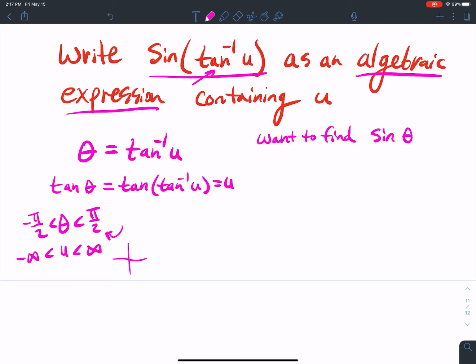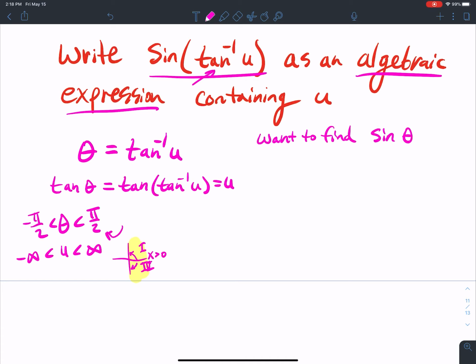Because if you're restricted from negative pi over 2 to pi over 2 for your theta, then that means you're in quad 1 or quad 4. Well, the cosine, the x value, is positive for both of those quadrants. The x value is only negative in Q2 and Q3.